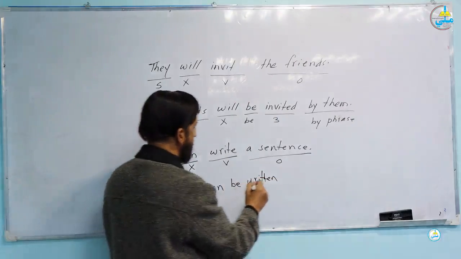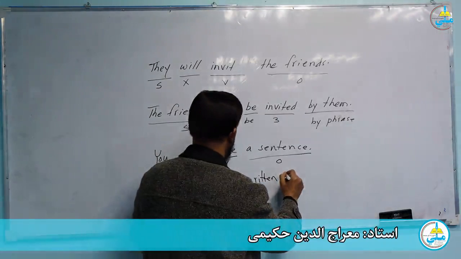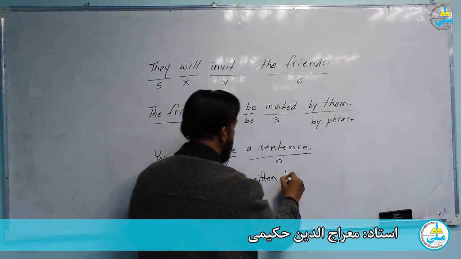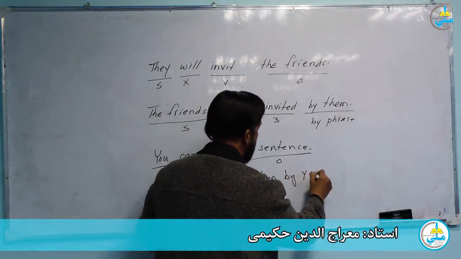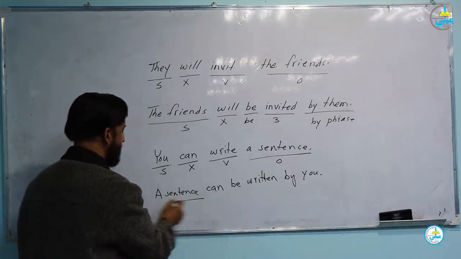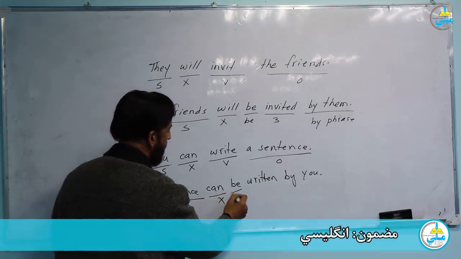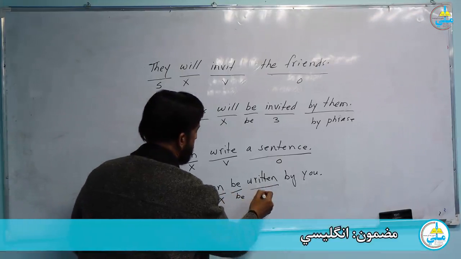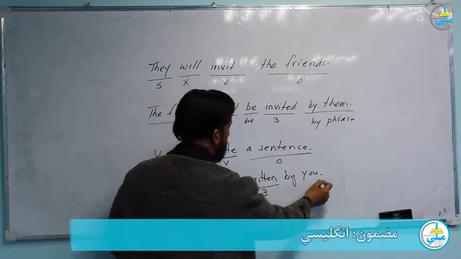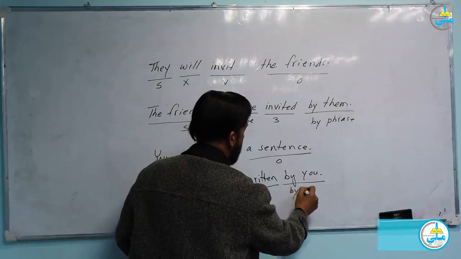A sentence can be written by you. A sentence is the subject, can is the auxiliary, this is be, this is the past participle, and by you is the by phrase.